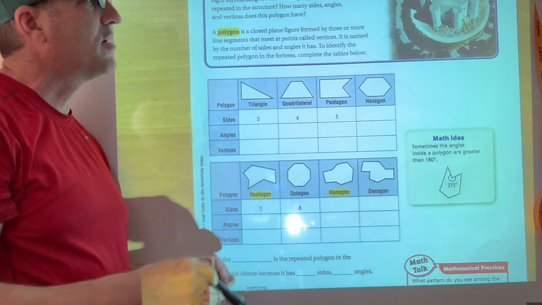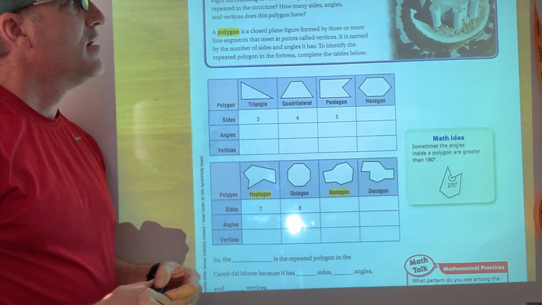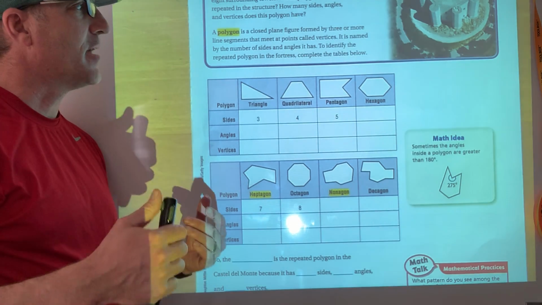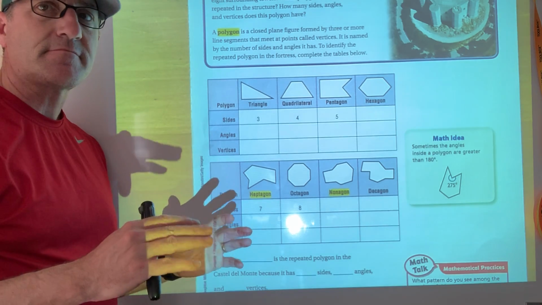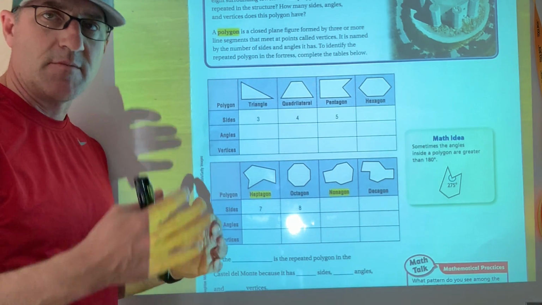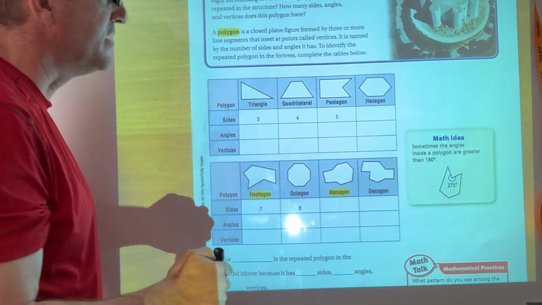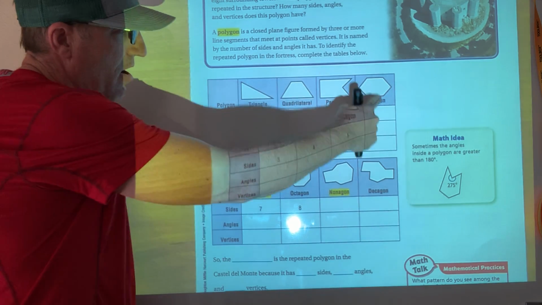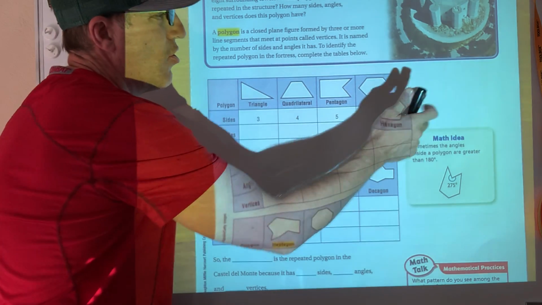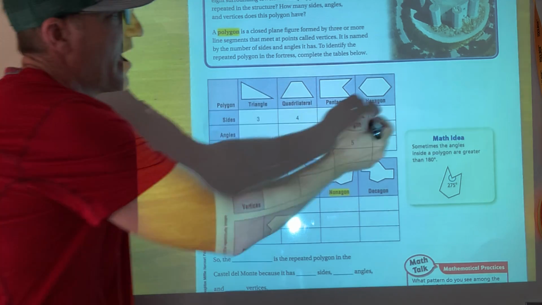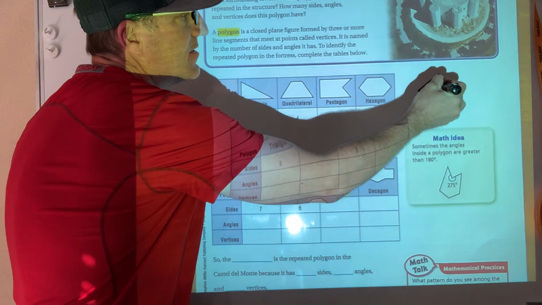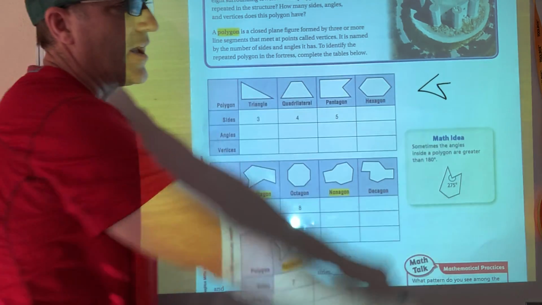But a polygon is a closed plane figure formed by 3 or more line segments that meet at points called vertices. Okay, closed plane figure. What does that mean? A closed figure means that it has no openings. If you look at all of these, none of them are open. This would be an open figure if it doesn't quite close.